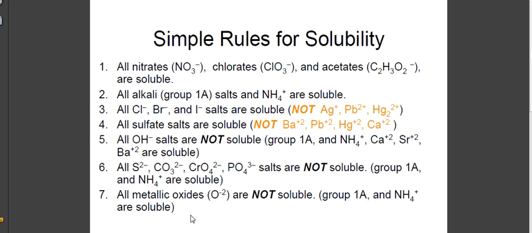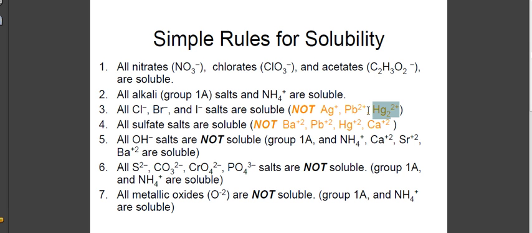Let's continue on with the rules here. Number 3, all chlorine, bromine, and iodine salts are soluble, except with silver, lead with a +2, and mercury that has this goofy combination. Now, unfortunately, you will not see any Hg2 with a +2 in my homework. You may, once every 3 or 4 years, they'll throw it at you on the AP exam.